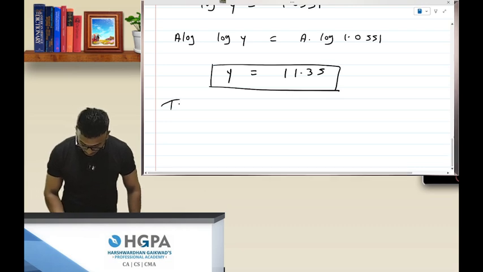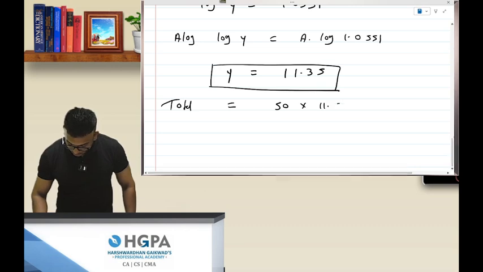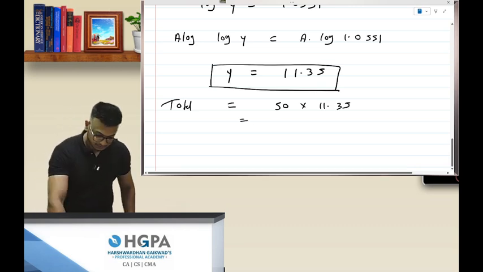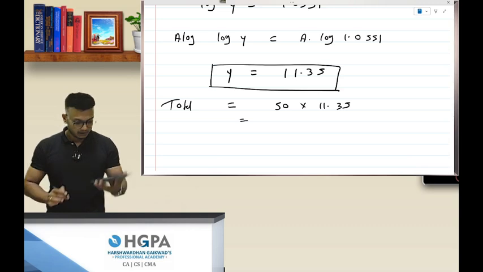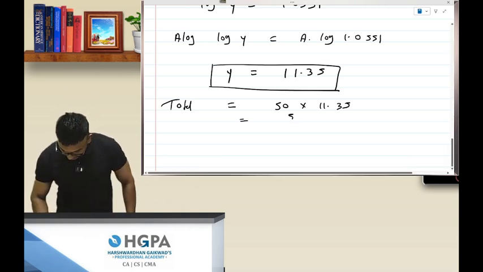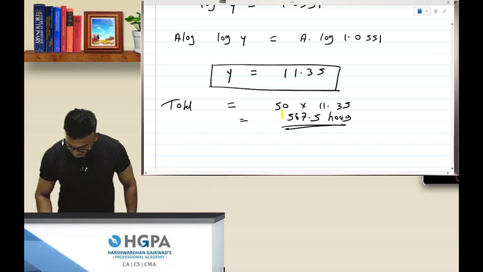The total will be 50 into 11.35, which is 567.5 hours. Okay, now we've got two figures, ladies and gentlemen.